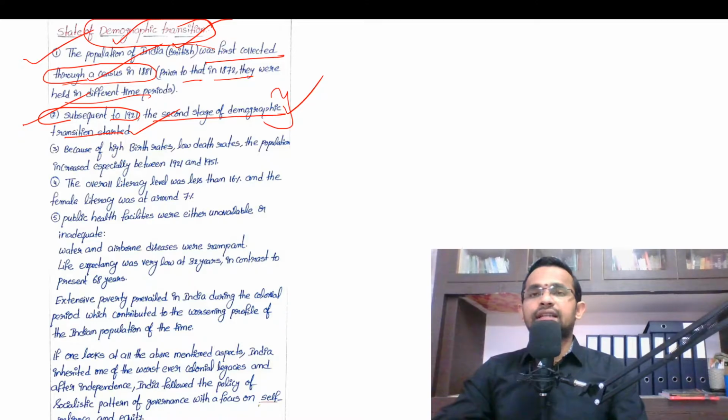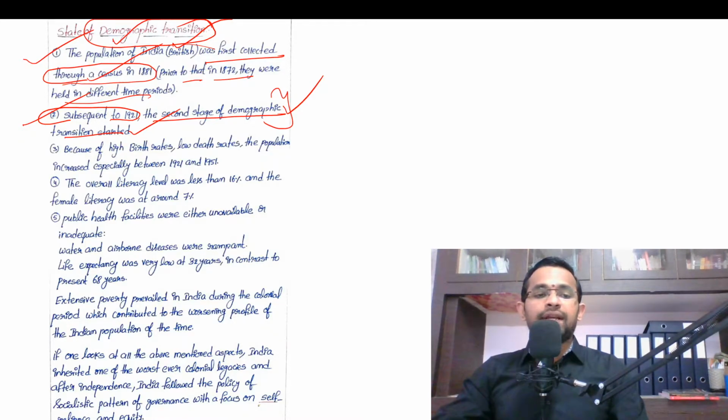Under this theory, there are three stages. The theory categorizes the countries under the three stages with respect to the population, based on birth rates and death rates. I will discuss this theory in our geography classes in a brief manner.